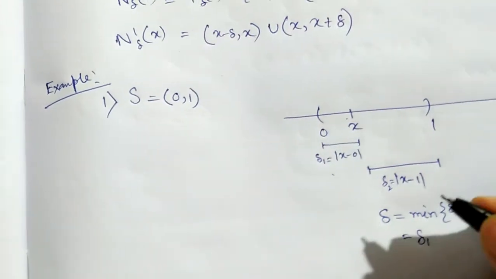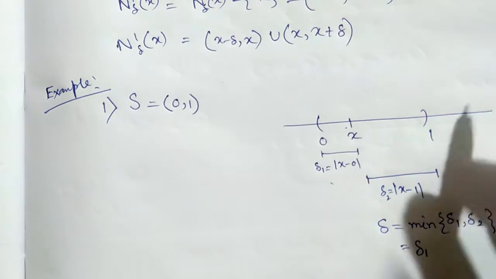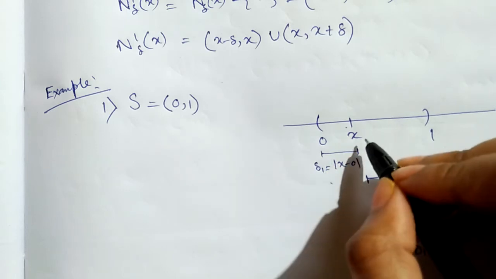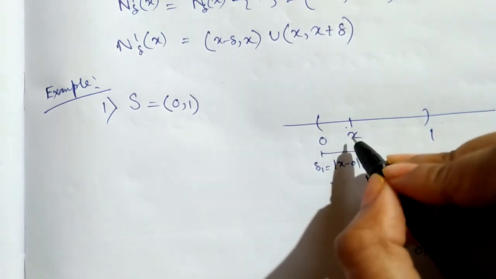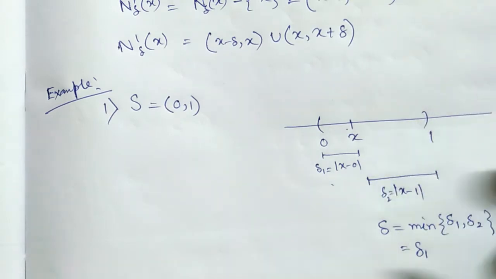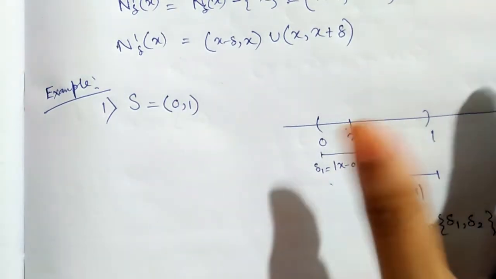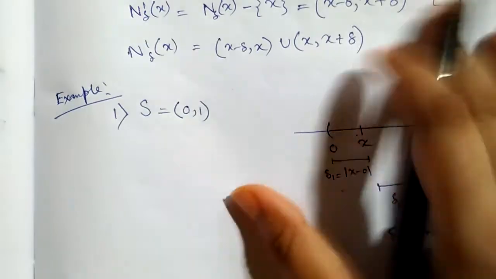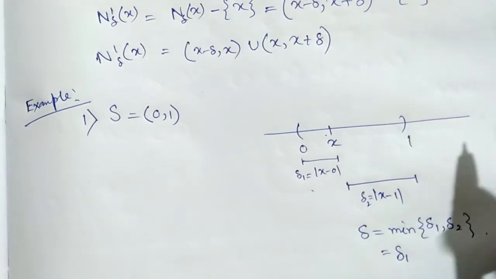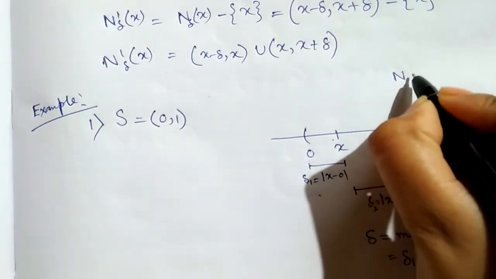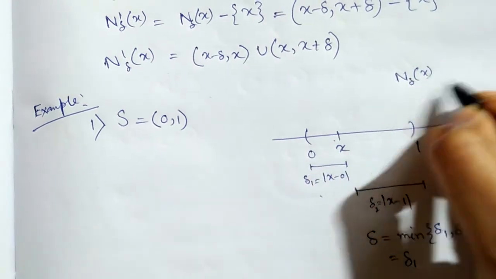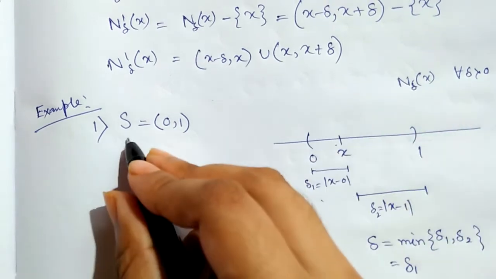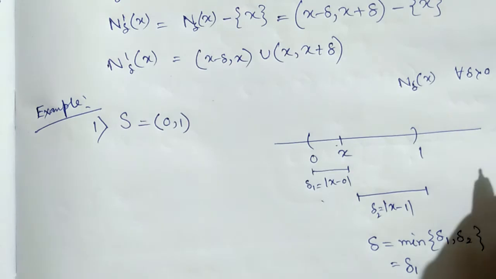Now why am I doing this? To become a limit point, x will be a limit point of S if every neighborhood of x contains a point of the set S other than x. So for all delta greater than 0, we have to check that this delta neighborhood contains a point of S other than x.